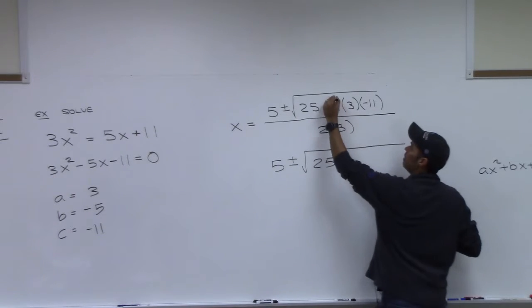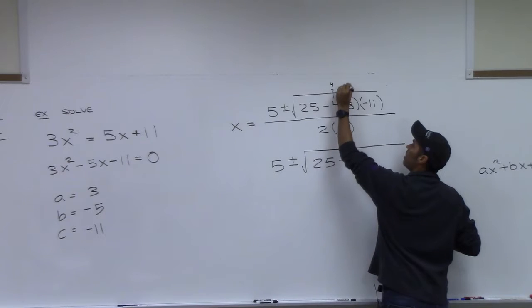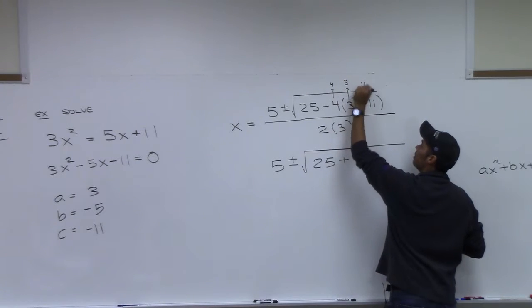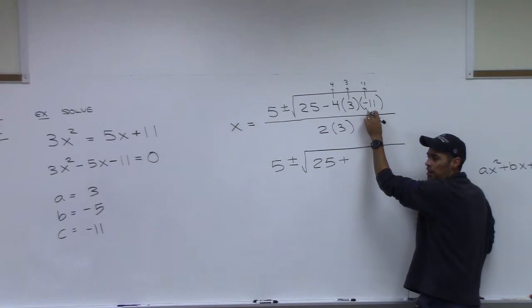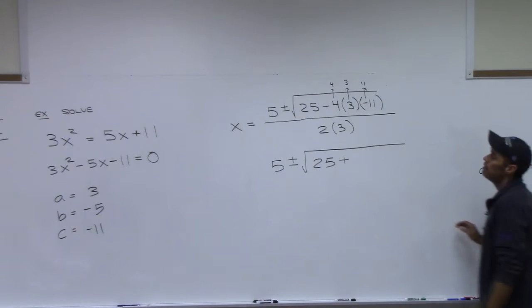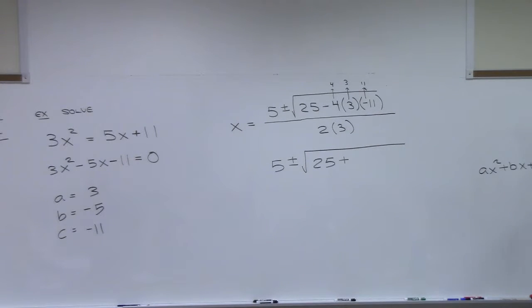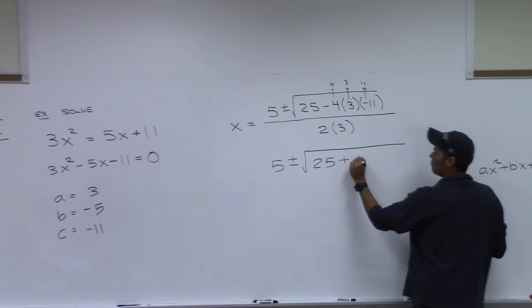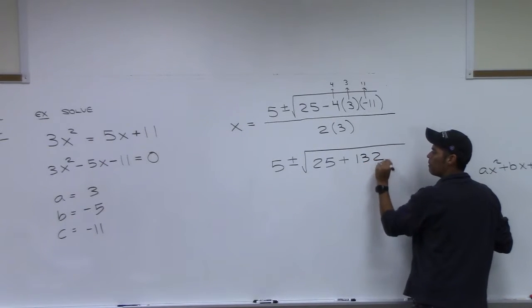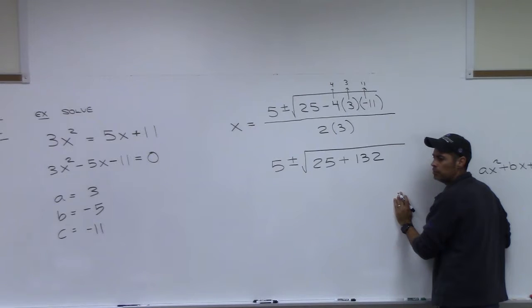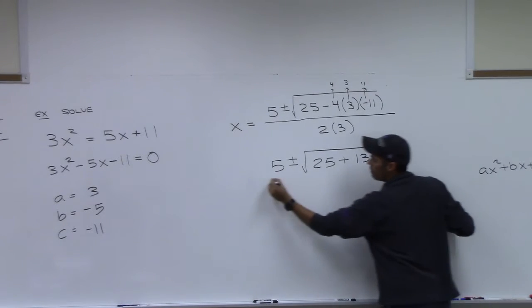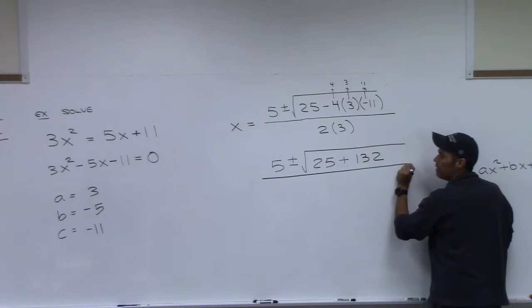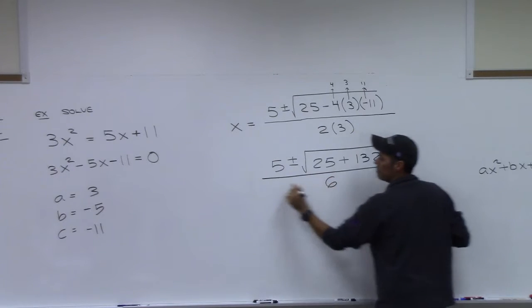You're just going to take 4, 3, and 11. Again, you're not going to care about the sign. Took care of the sign. What is that? 132? Okay, 132. All of this divided by 6.